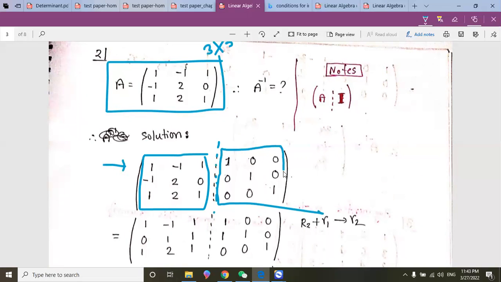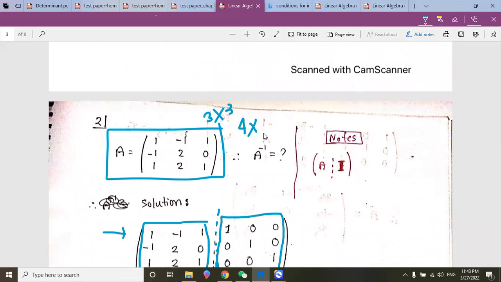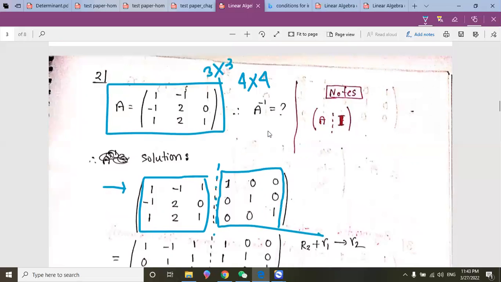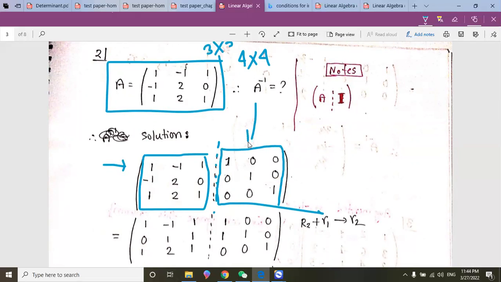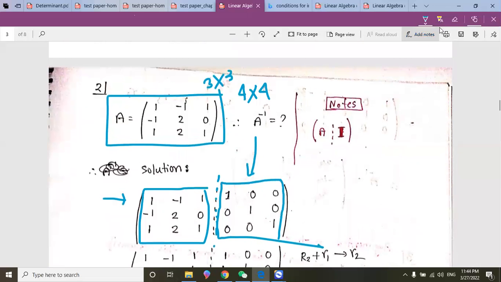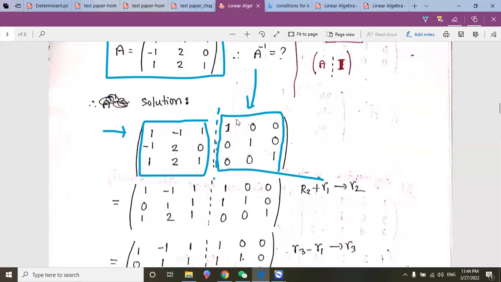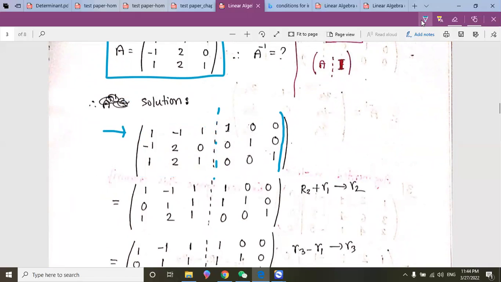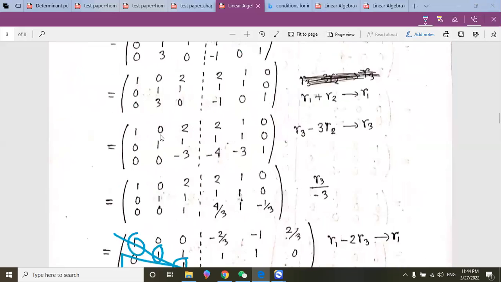This is a 3 by 3 matrix, so a 3 by 3 identity matrix. If it were a 4 by 4 matrix, then you would write a 4 by 4 identity matrix. For now we have written a 3 by 3 identity matrix, and then we have to focus on the left side, do row operations, and convert this matrix into an identity matrix.